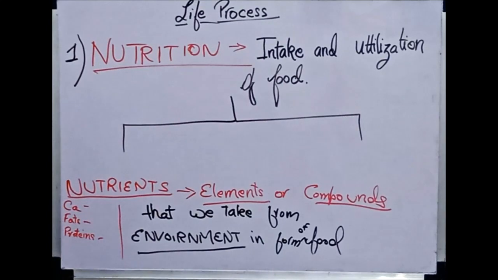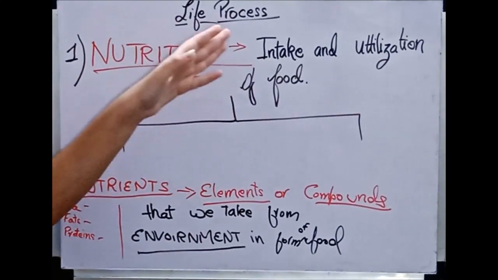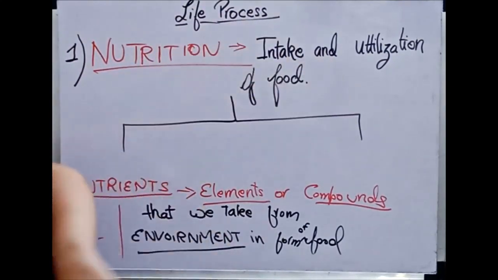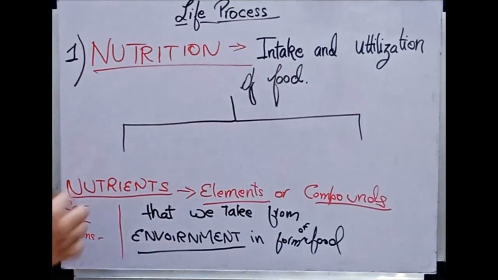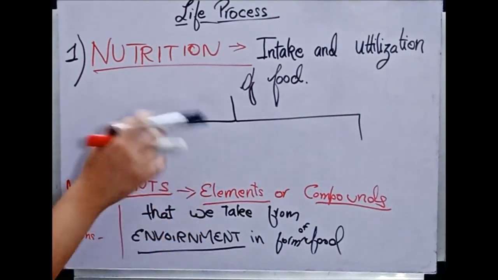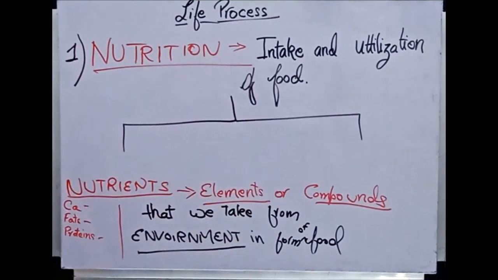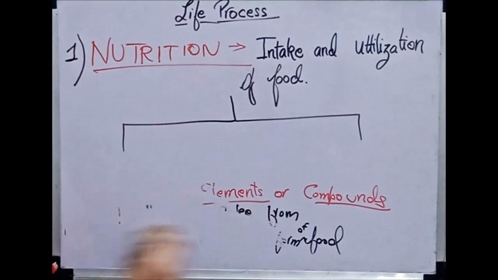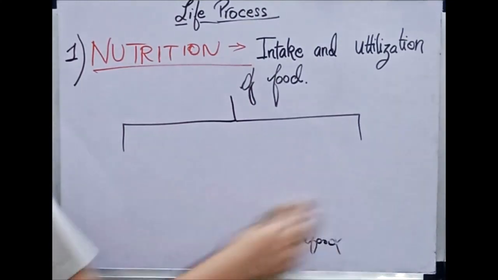But you do not need to write it down like that. You can simply write nutrition is the process of intake and utilization of food. That simple. Nutrients is something they can ask you very rarely, but still we need to know what it is. So that's the basic and the easiest definition I could think of.